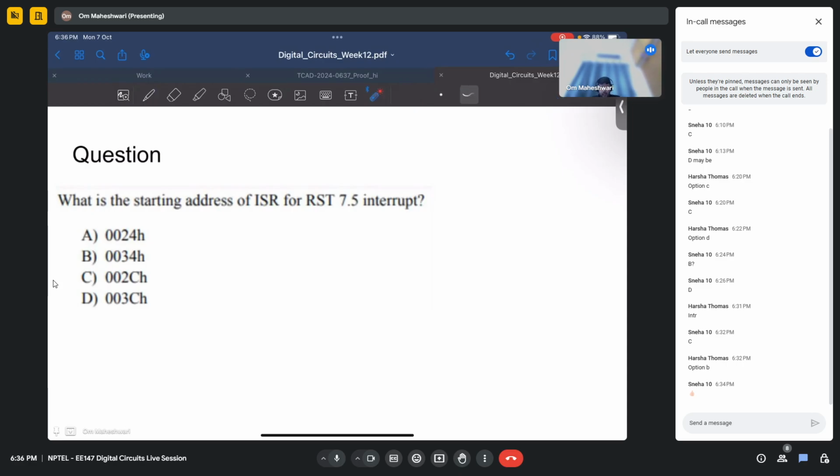The question says, what is the starting address of the interrupt service routine for RST 7.5? We just talked about the interrupt service routine, right? The interrupt service routine is just some address which tells the interrupt where to go and what to do.